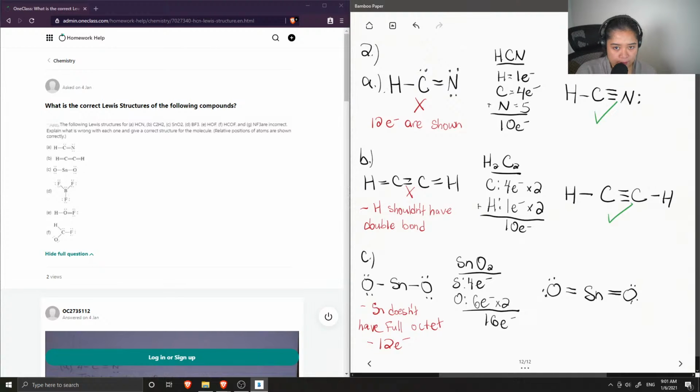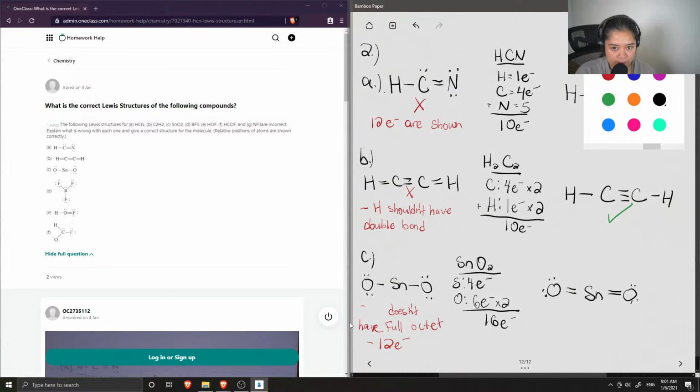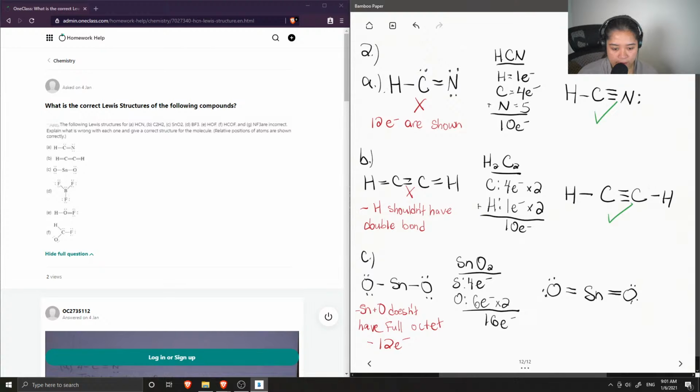Yeah, and in the old molecule, both of them don't have a full octet. And now if we count out all the electrons in this molecule, you'll see that it is now 1, 2, 3, 4, 5, 6, 7, 8, 16.